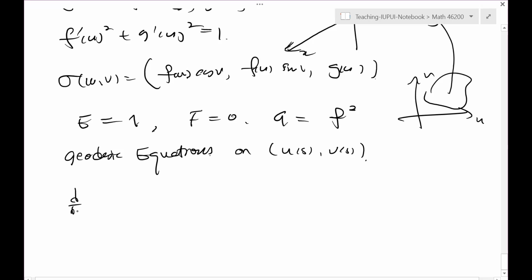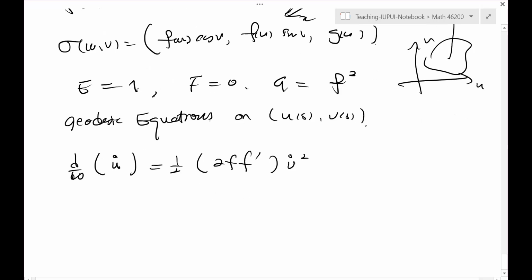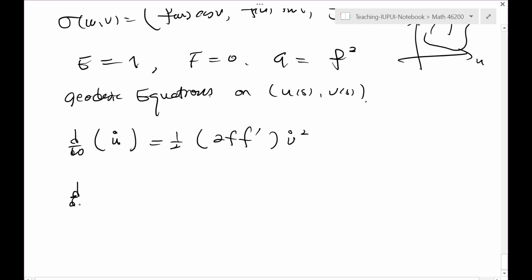So first of all, we get E is 1, F is 0, and G_u is 2 f f_u. And in the second equation, F is 0, G is f of u, times v dot.